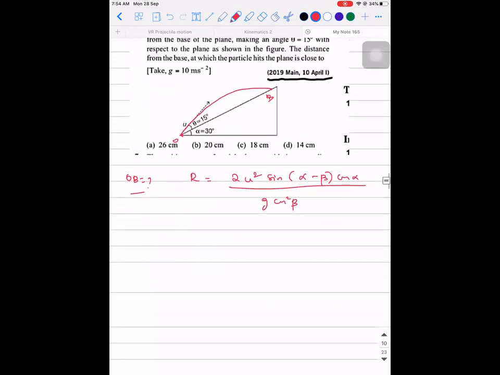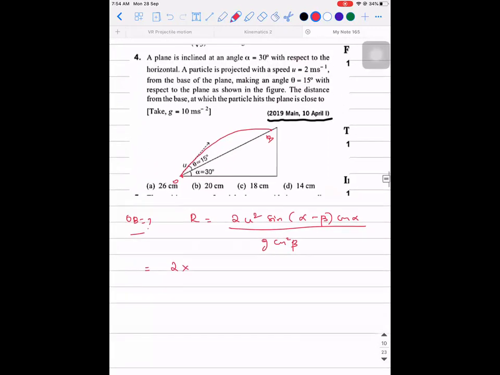So substitute all the values. So 2 is 2 only. u square is how much? 4 into sin of what is the value of alpha minus beta? That is 15 degrees. Cos how much alpha? Alpha is the total angle with respect to the base. That is 45 degrees.